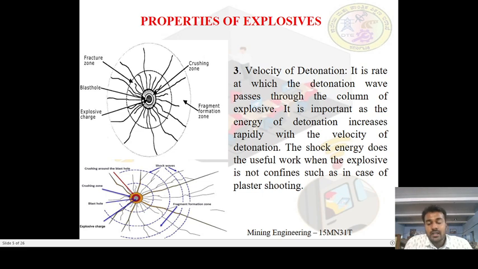There are two types of such waves, the wave passing through the rock and the wave passing through the explosive column. Here we are confined to the wave passing through the medium during an explosion. Such velocity of detonation could give us the precise strength of an explosive.